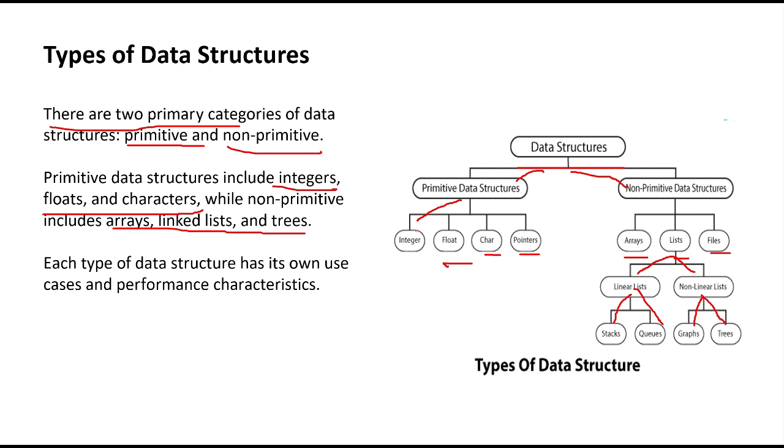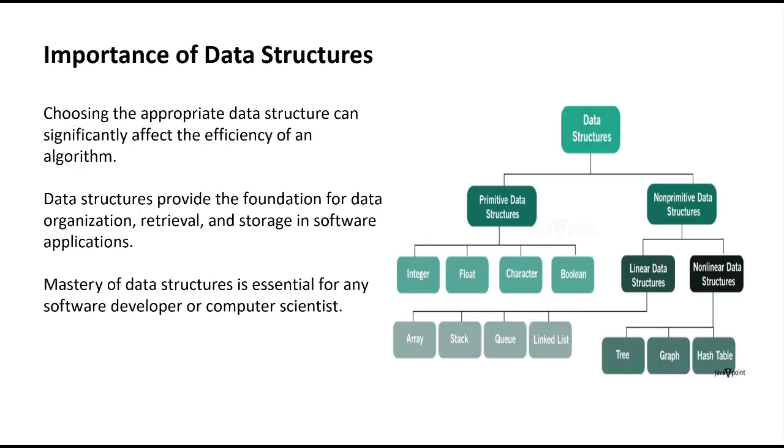Next, let us know the importance of data structures. Choosing the appropriate data structure can significantly affect the efficiency of an algorithm. If we use a proper structure for the data storage, there will be more efficiency, and less space and less time complexity will be used, so that we can decrease the power usage.